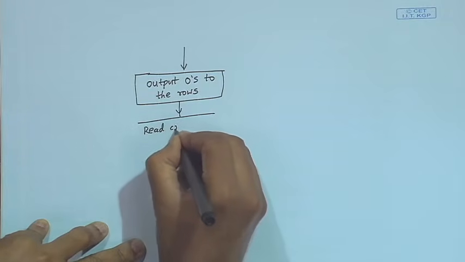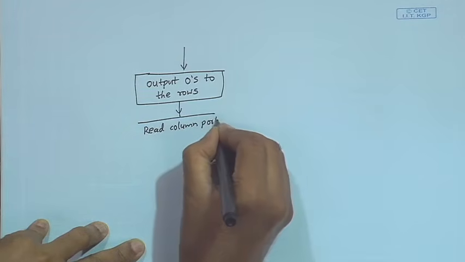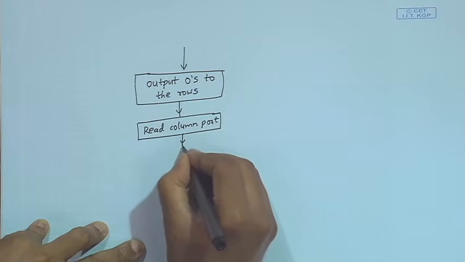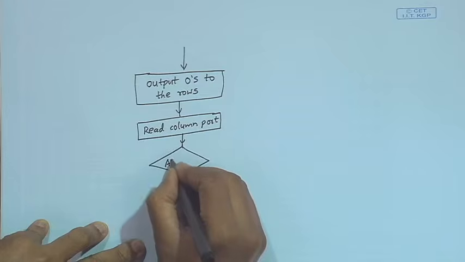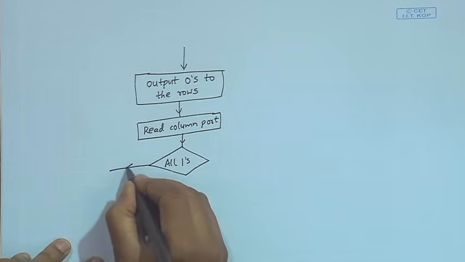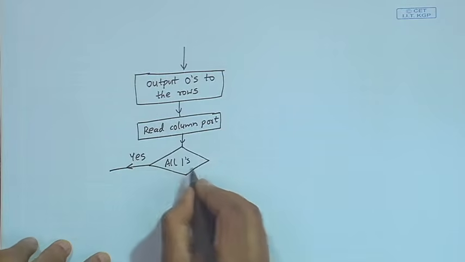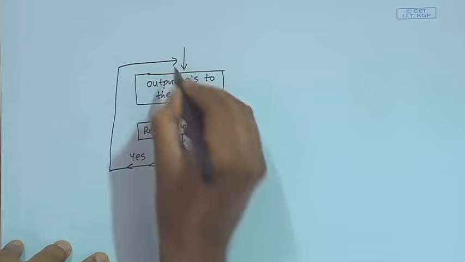Read the column port, then check whatever you are reading: are they all ones? If it is all ones, which means none of the keys is pressed, then you have to go back and check again.